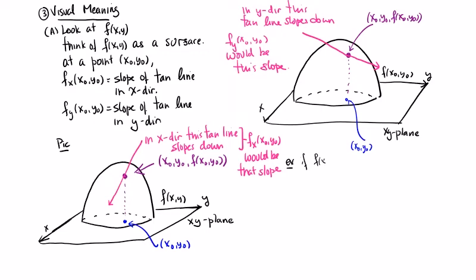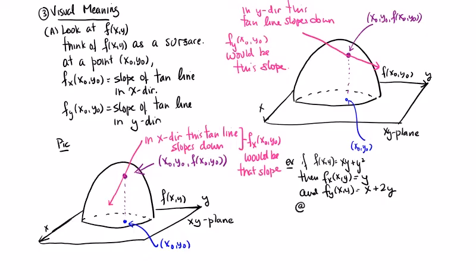If we have something like f of xy equals xy plus y squared, we have no idea what that looks like. But we can still do the calculation. We can find f sub x of xy, which is y plus 0, just y. And f sub y of xy is x plus 2y.